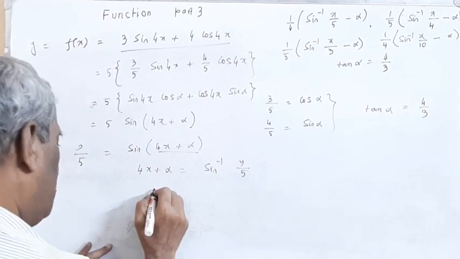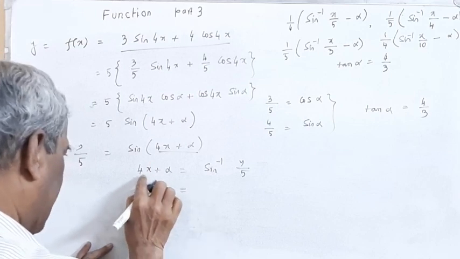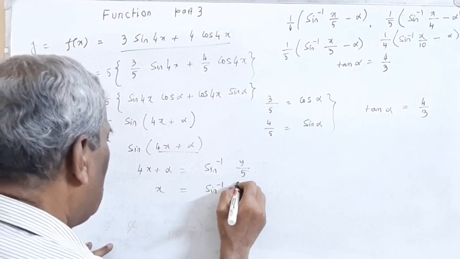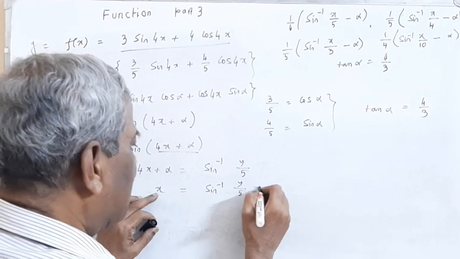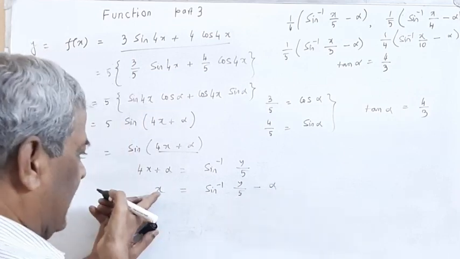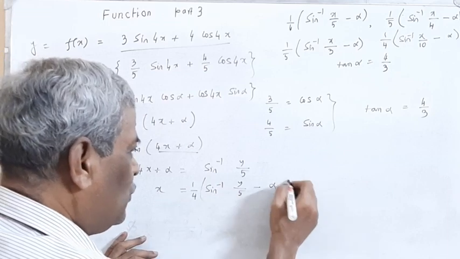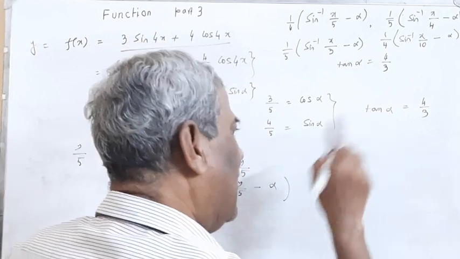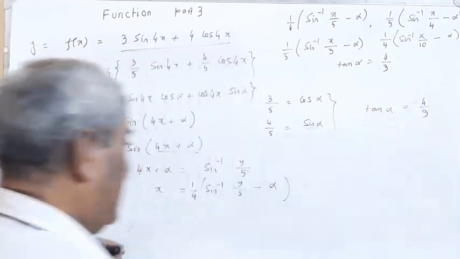That is, 4x is equal to sin inverse y by 5 minus alpha. So x is equal to 1 by 4 into that, where alpha is such that tan alpha is equal to 4 by 3, as we just obtained.